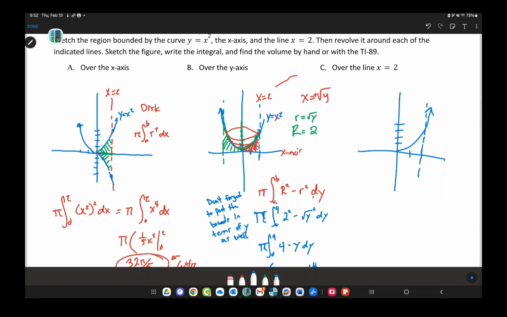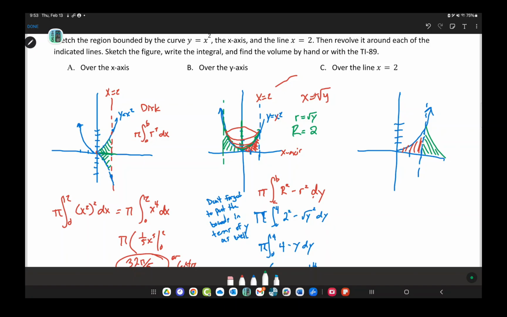This time we're rotating over what? We're taking this shape and rotating it over x equals 2, which means it's going over here. So that's what I'm rotating.